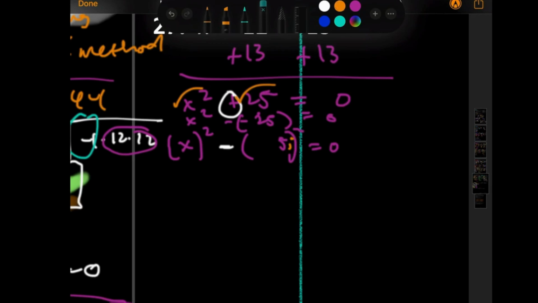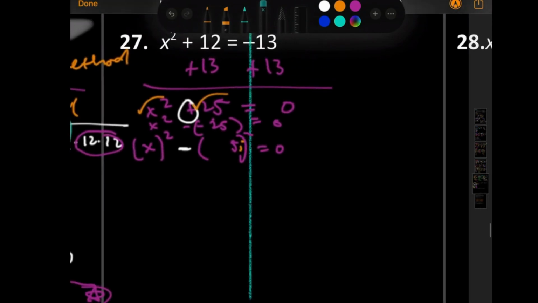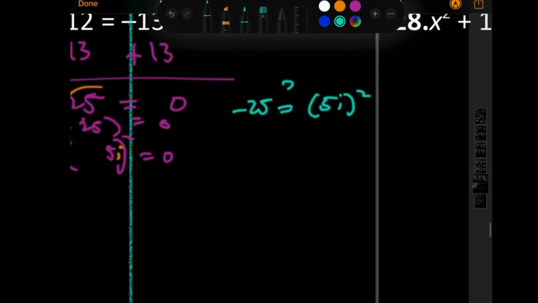I'll do it over here on the side. Negative 25, is it equal to 5i squared? 5 squared, and then you have i squared, right? So that's 25, and then i squared is negative 1. And that is true.